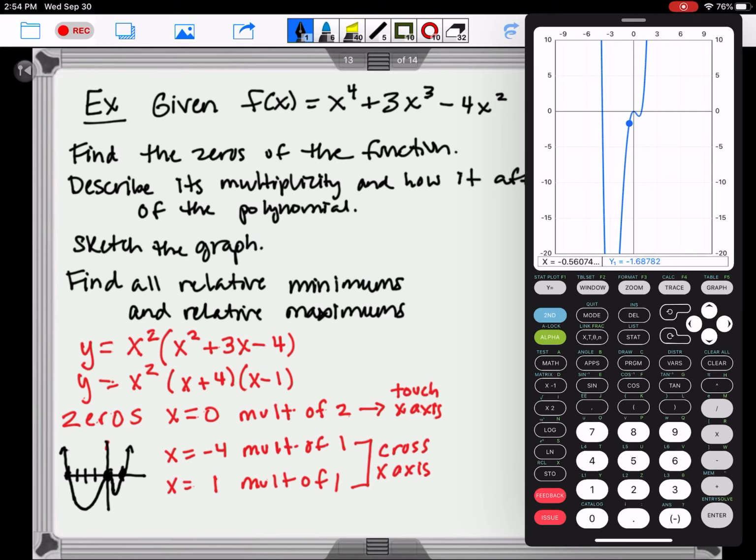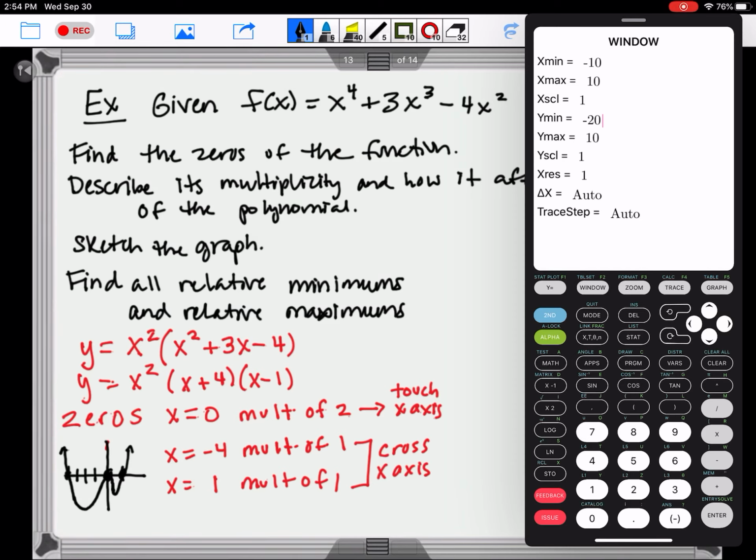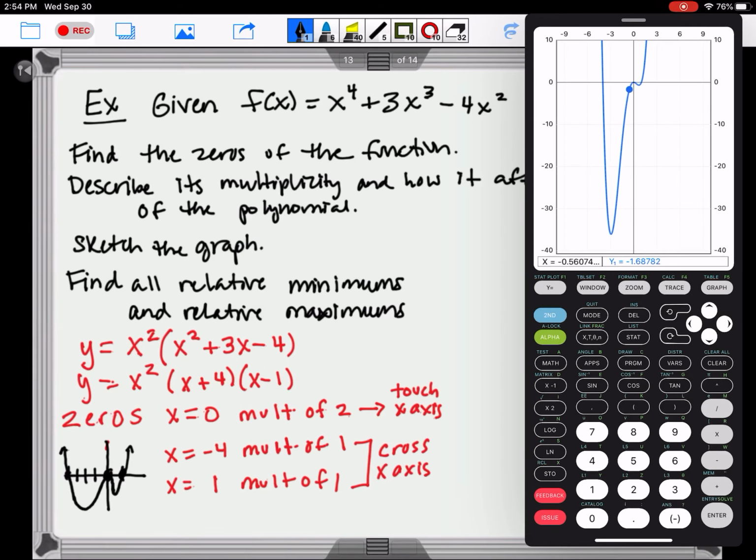Okay, so it gives you an idea of the shape of that graph, and I have to find the zeros, and I have to find the maximum and minimums. Notice it's not exactly like my hand drawn one, but it's pretty darn close.